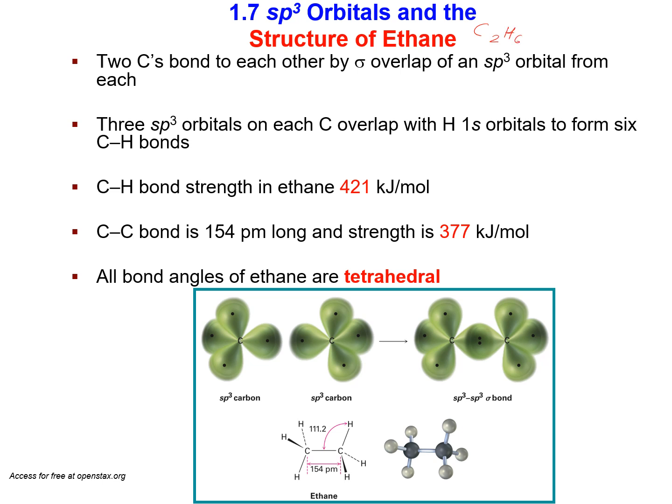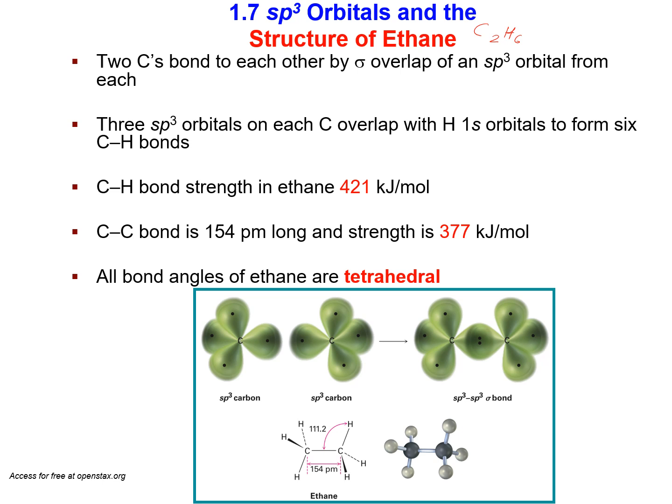As you see here, just like in methane, both carbon atoms are sp3 hybridized with 4 sp3 hybrid orbitals, and they can overlap with the hydrogen atoms' 1s orbitals, and also overlap with each other in a head-on manner. So they have sigma bonds.